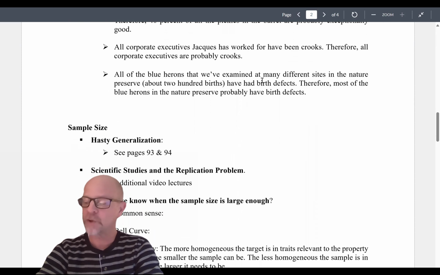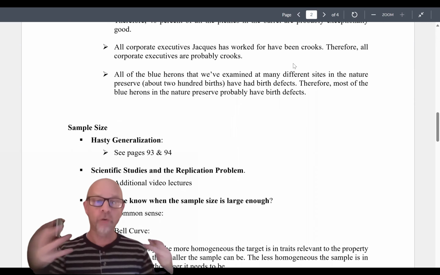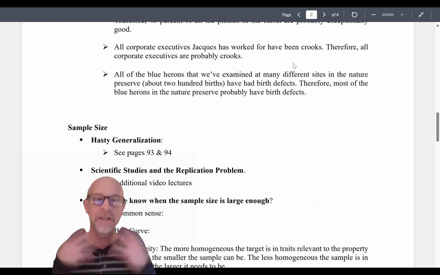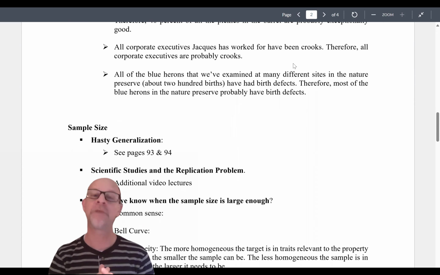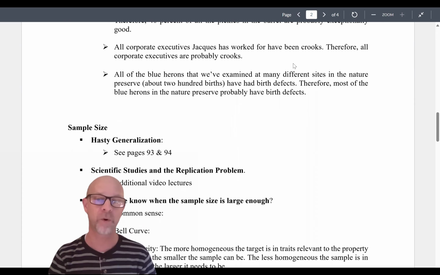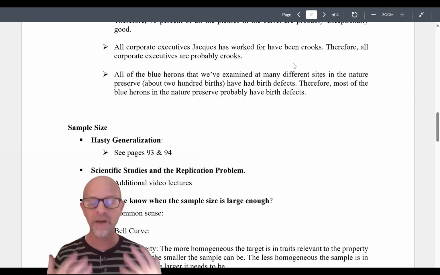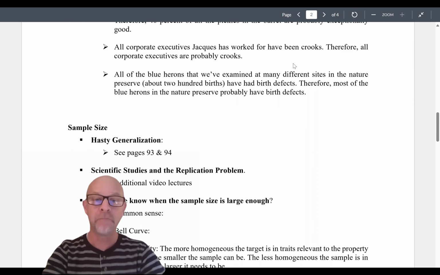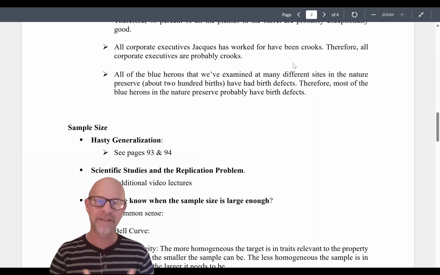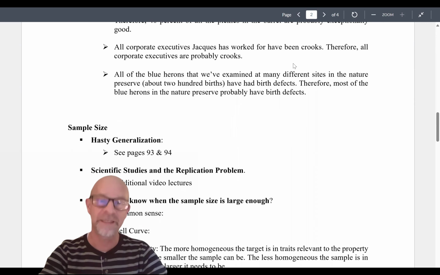The sample is going to be the particular corporate executives that Jacques has worked for. Right, so the whole group is all corporate executives. The sample is going to be just the corporate executives that Jacques has worked for. And then what is the property that is under consideration? Being a crook, right? Because we're saying that therefore all corporate executives are probably crooks.